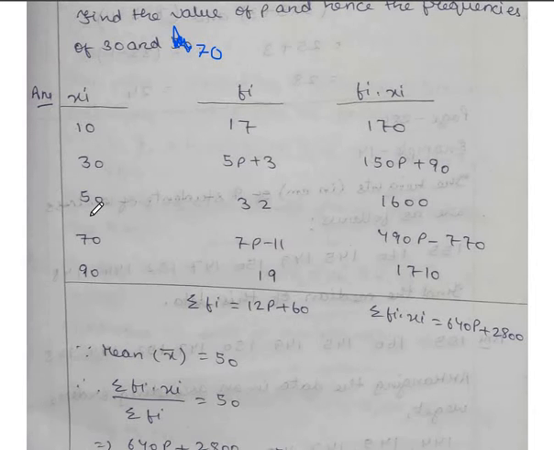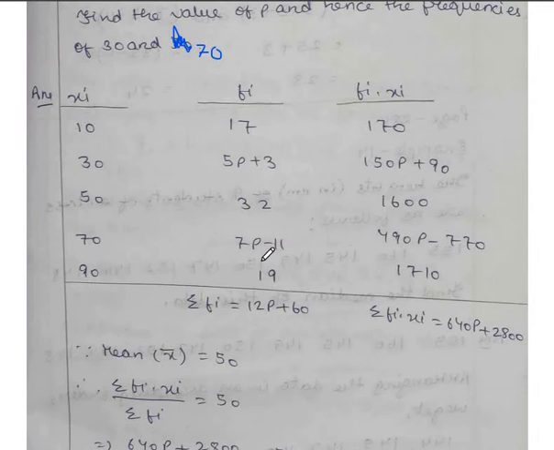Next, 50 into 32 you can multiply, that is 1600. Next, 70 into these two: 70 into the first one is 490p, 70 into the second one is minus 770, and last one 90 into 19, after multiplication you are getting 1710.